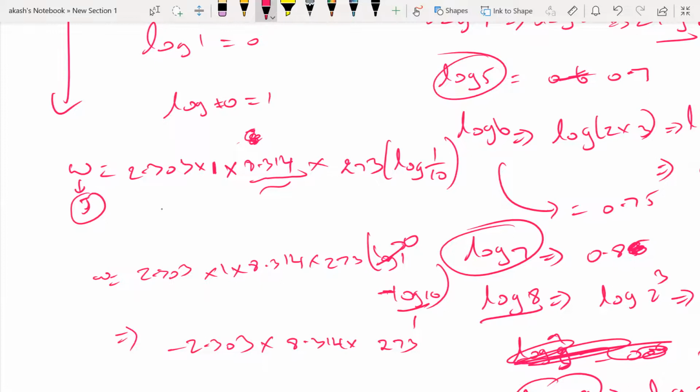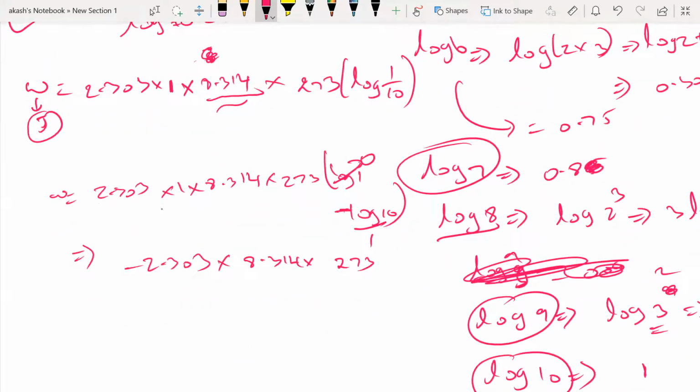Right, so you have to do the calculation properly. This is approximately 2.3, but I think you would like the exact value. Can someone tell me? Use your calculators, people, but in your exams, please don't use. Wait, where is my calculator? Okay, so we have 2.303 into 8.314 into 273.